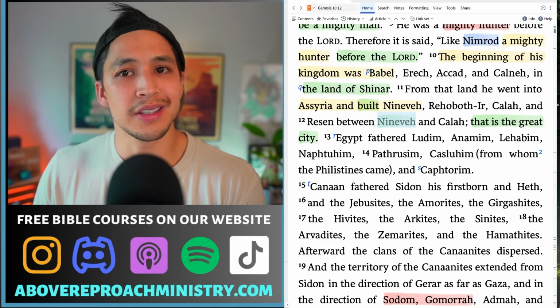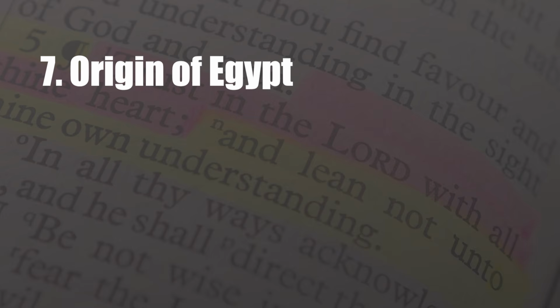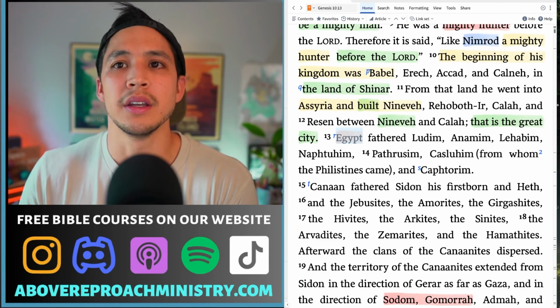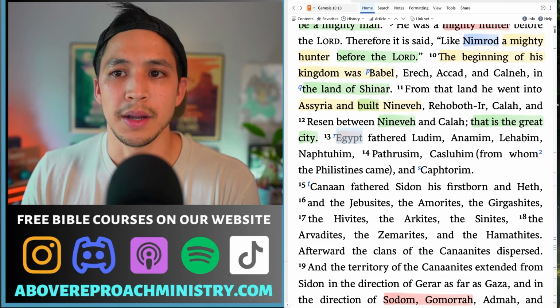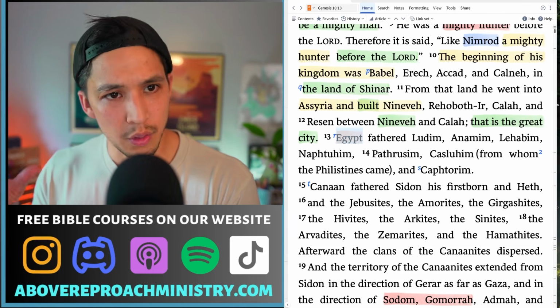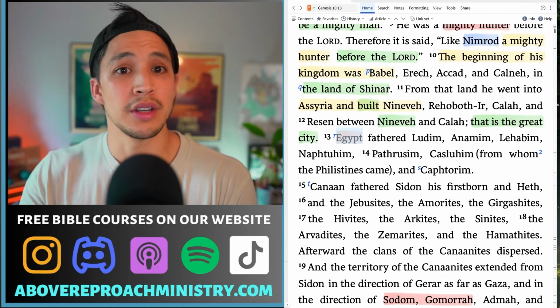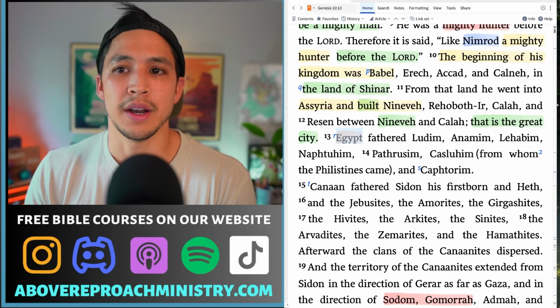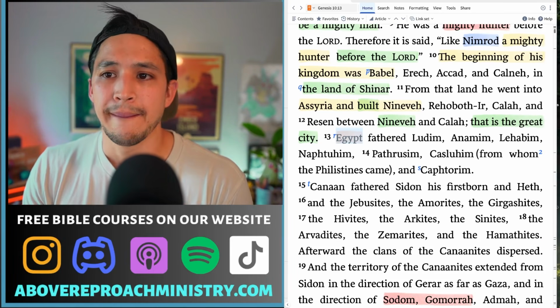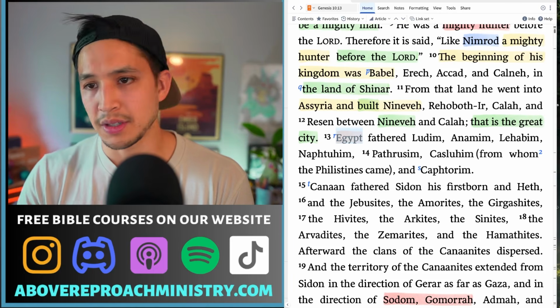Verse 13, the seventh observation, is the origin of Egypt. Now, we all know Egypt. We all know the Exodus story. We all know Moses and the Red Sea and the staff turning into a snake, like you do on a Saturday morning. But the origin of Egypt, now the focus is off of Cush and his descendant Nimrod, and onto Ham's other son, Egypt. And when you hear Egypt, you obviously think Exodus story.